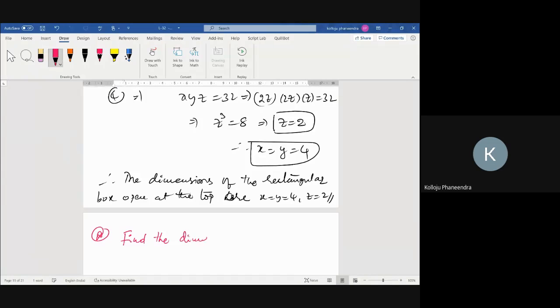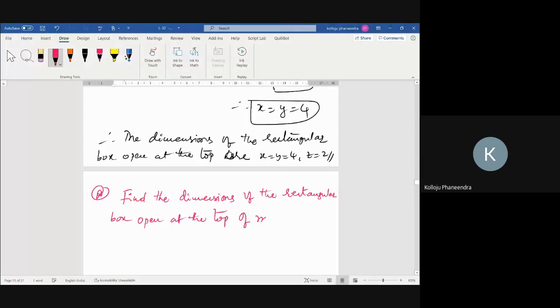Find the dimensions of the rectangular box, open at the top, of maximum capacity, whose surface area is 432 square centimeters.